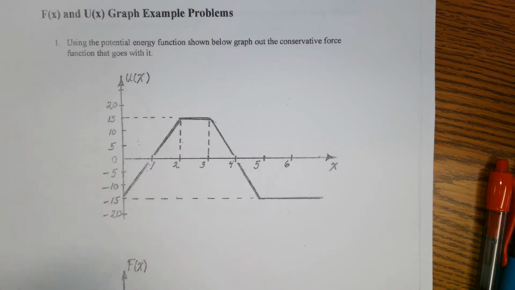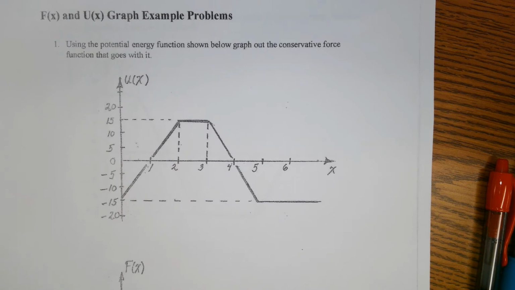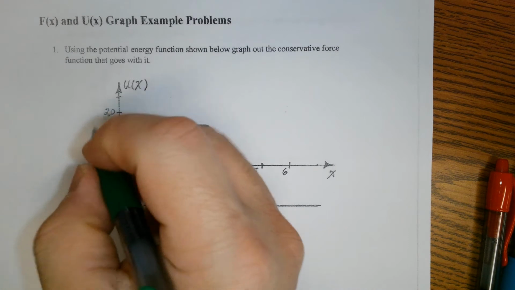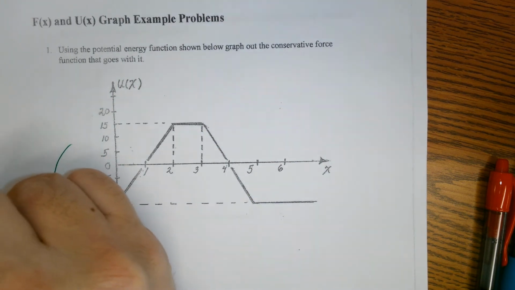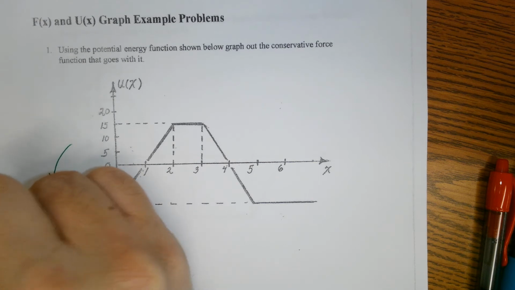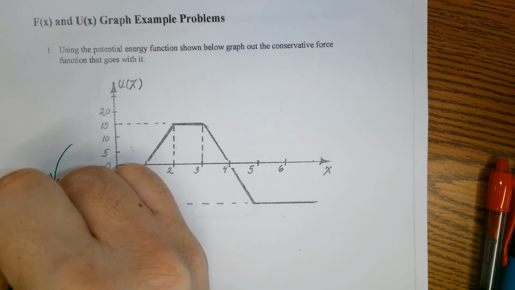Let's take a look. So from u of x to f of x, we need to find the slope, right? The negative slope, to be more precise. So f of x is equal to negative du of x dx.